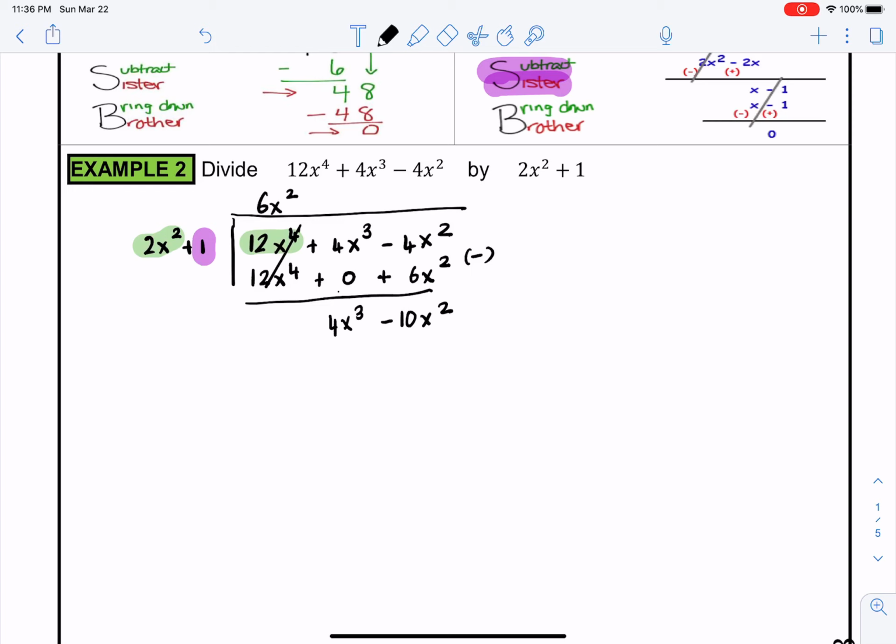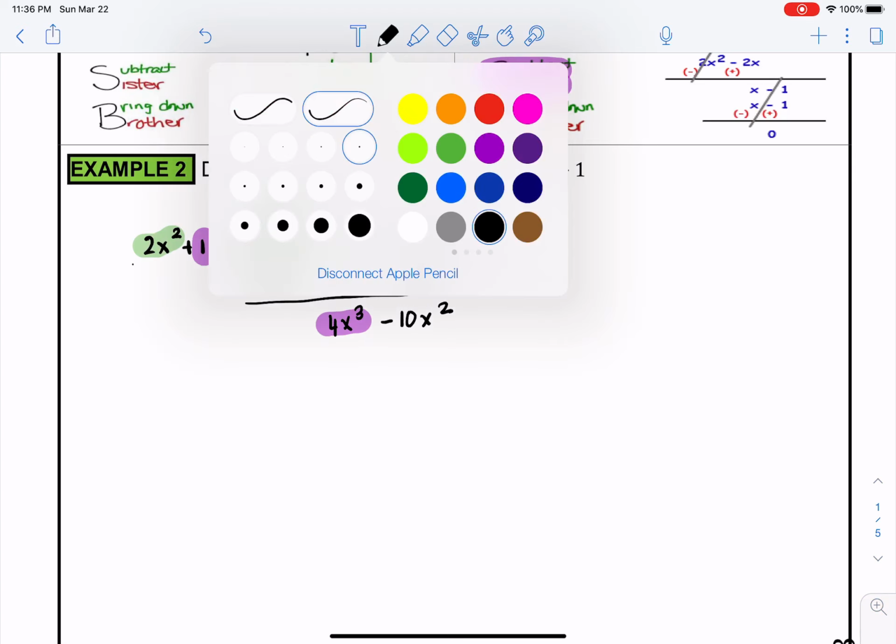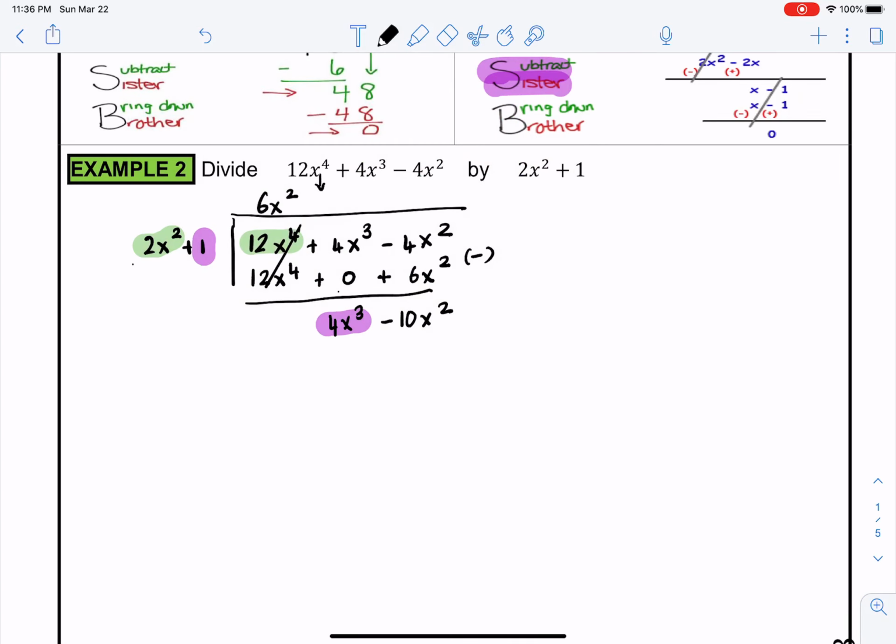So the objective now is to come up with an expression up here so that when I multiply that expression by 2x squared, we always look at the leading term, I must get 4x cubed.